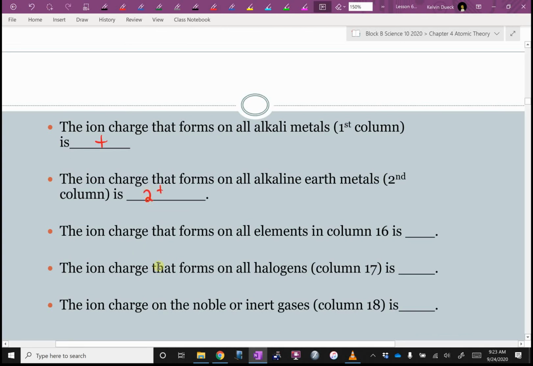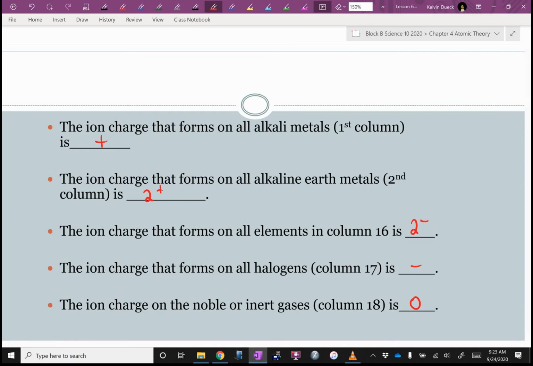What's the ion charge on the elements in column 16? What's the ion charge on the halogens? And what's the ion charge on the column 18 noble gases? Which is why they don't form compounds very readily.